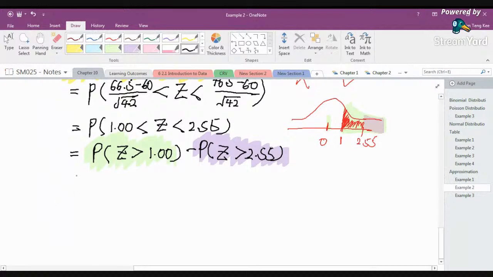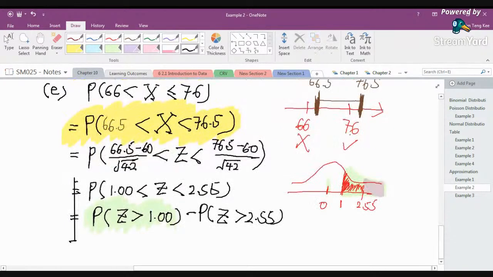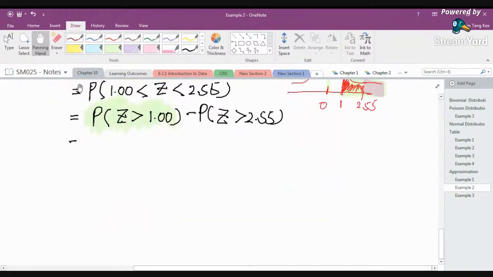Now we substitute the values according to what we can obtain from the statistical table. So z greater than 1 gives us 0.1587.